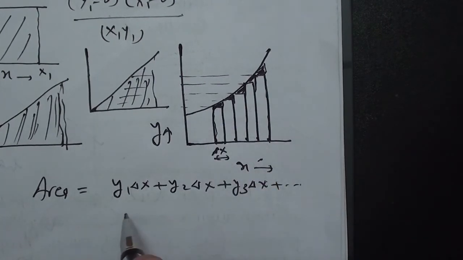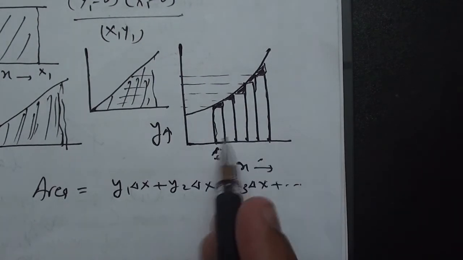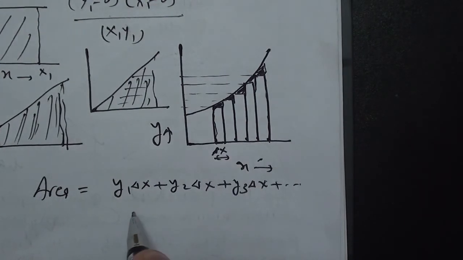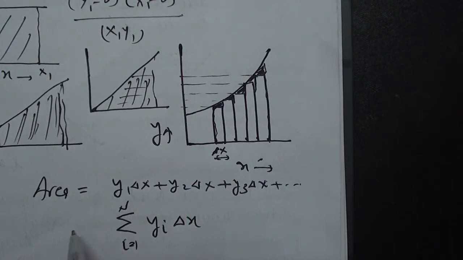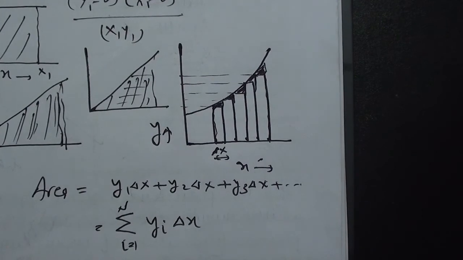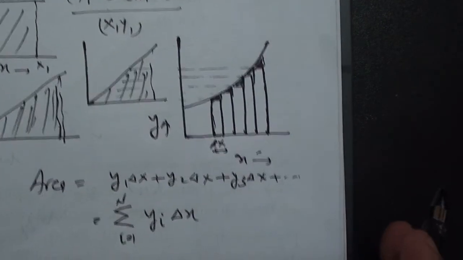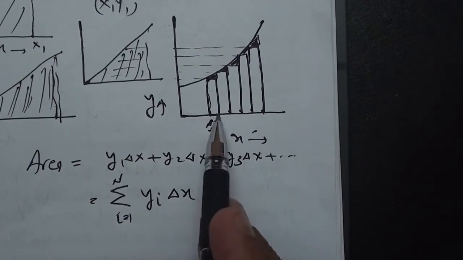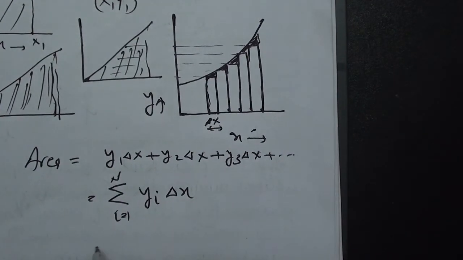So there is a mathematical way to calculate this thing. I can write this now in the form of summation. So this is the area. Now we want that this del x value should be very, very close to 0. So how do we write it?